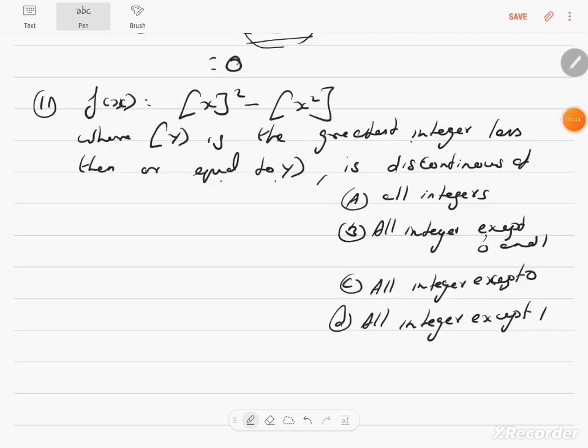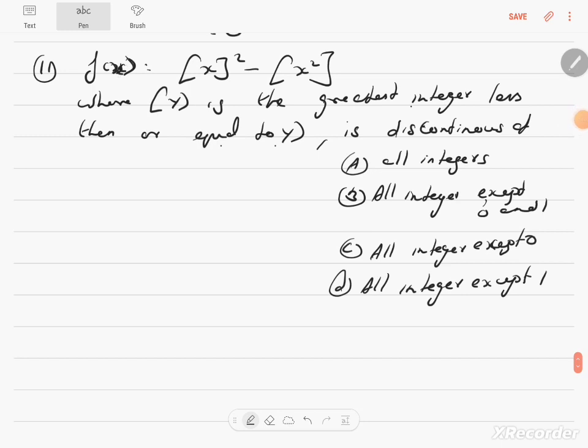So read this question. f(x) is equal to the greatest integer function of x the whole square, minus the greatest integer of x square. Is this continuous at all integers? Let's do the left hand limit and right hand limit. Limit of f(x) as x tends to 0 from the left, x can be written as 0 minus h.